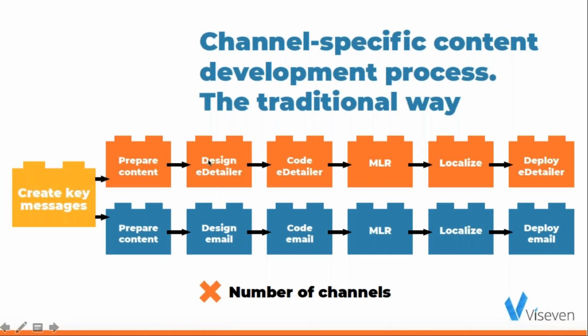So we did design of the e-detailer, we did coding, approval, localization, and deployment. And the same steps were made for an email, where we designed the email, coded it, approved and localized it, all in separate flows. And the more channels we had, the greater the amount of this redundant work.